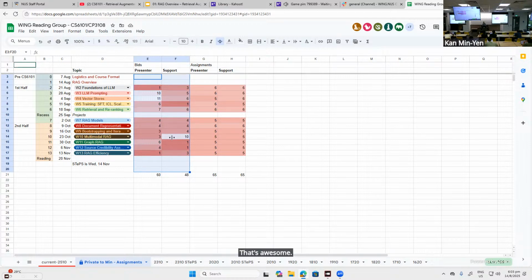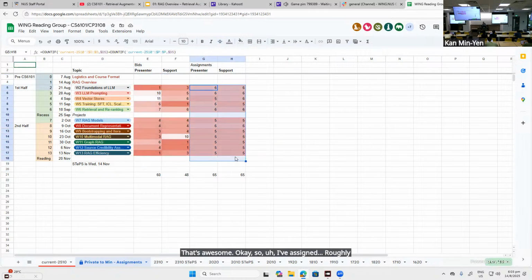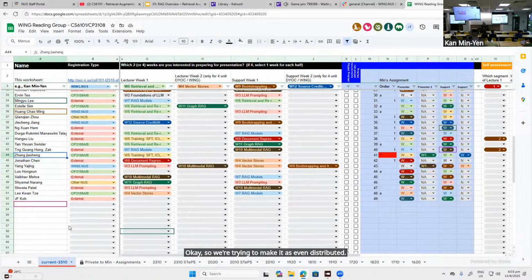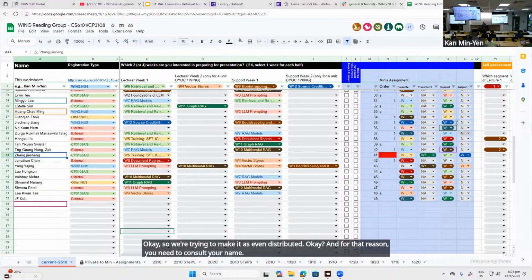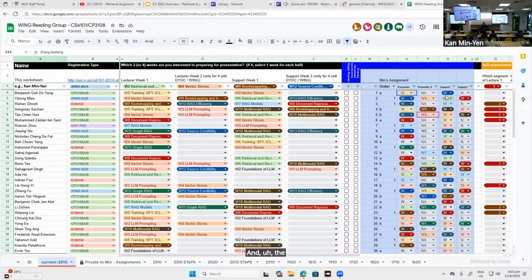So I've assigned roughly 6 participants for the first half, because when we get our 6101 students from the PhD group, many of them will be coming in the second half. We're trying to make it as evenly distributed as possible. For that reason, you need to consult your name and the role that's listed here.